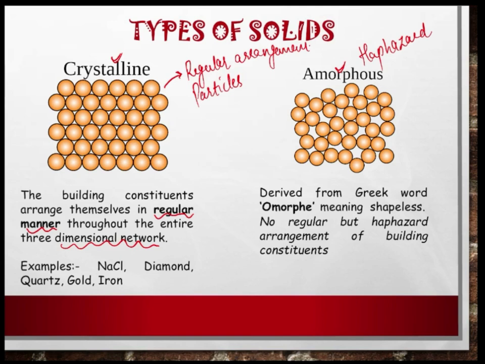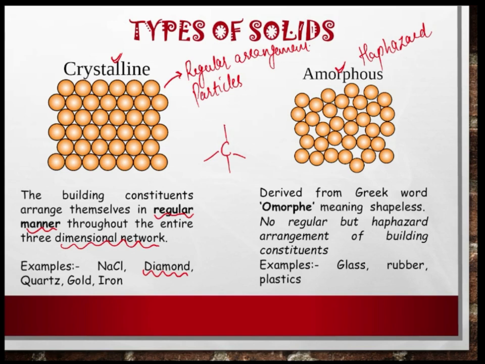When we talk about examples around us, the examples of these two solids can be seen on your screen. Sodium chloride is a crystalline solid at the microscopic level. We are not talking about when the salt is in your hand; at the naked eye level, you cannot differentiate crystalline and amorphous. But we have studied the structure of diamond, where carbon is tetrahedrally arranged by 4 other carbons around it, and this pattern keeps on repeating throughout the structure of diamond.